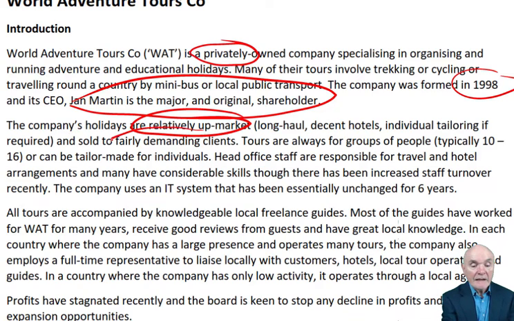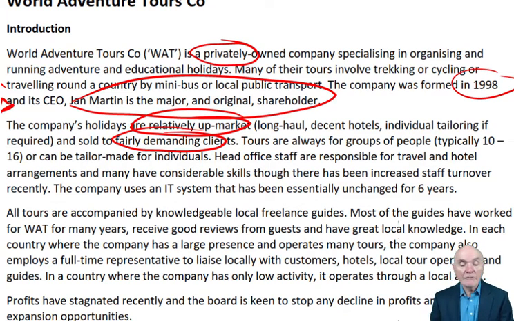So again, we need to be careful maybe in terms of quality. The quality has to be kept fairly high if we're going to be keeping these clients coming back to us, presumably paying a reasonably high price.